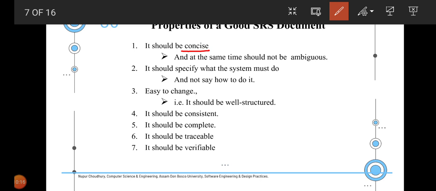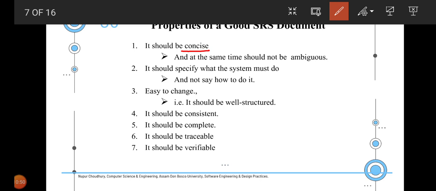However, it should be concise in its representation and devoid of any ambiguities, because sometimes when we try to shorten things, a lot of things get inside the same particular point, and it might confuse the developer and the customer. The second point is it should be specific about what the system must do. As we already mentioned, it is concerned with what rather than how-to-do aspects.